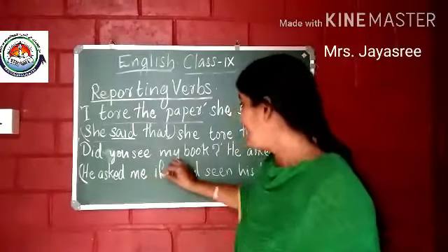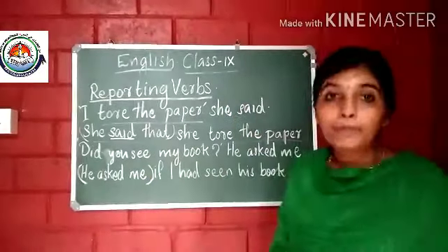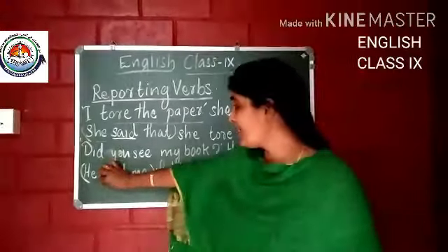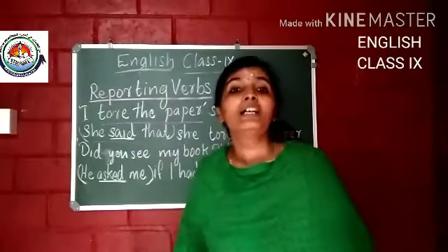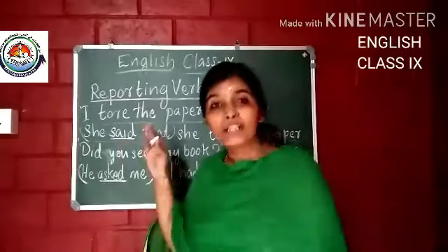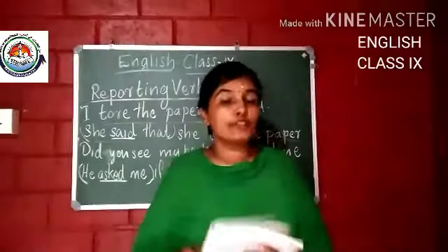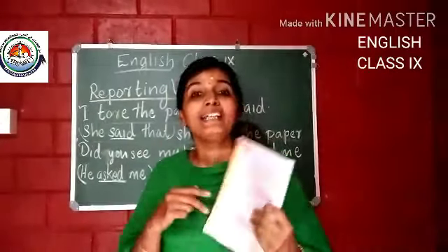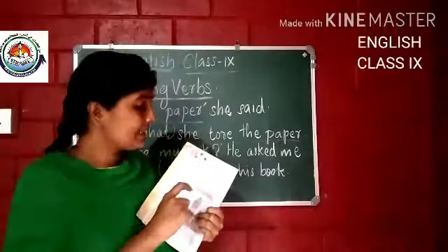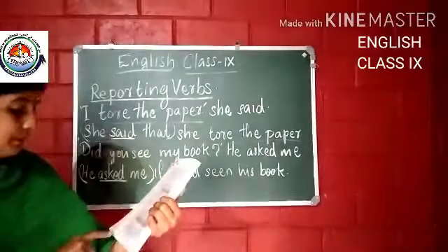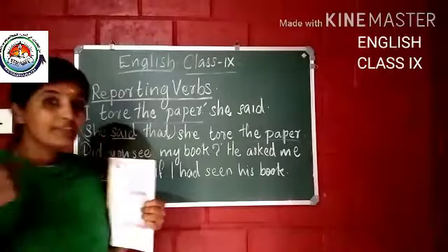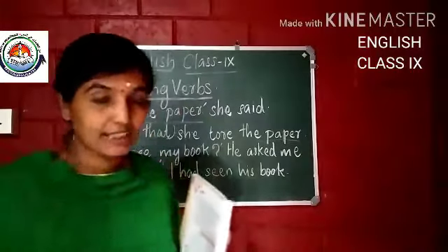This part, he asked me, is the reporting clause, and the verb asked is called the reporting verb. Hope you understood this. There is an exercise for you to complete by identifying and underlining the reporting verbs on page number 40. The previous exercise was on page number 39.